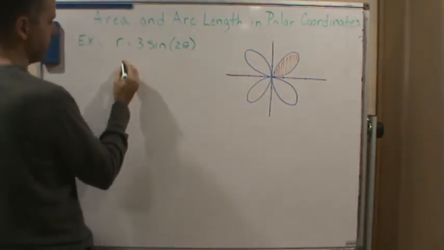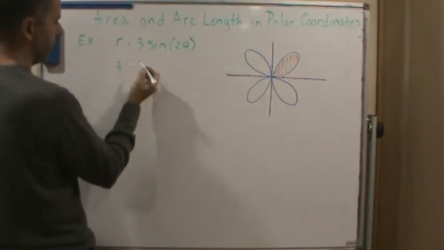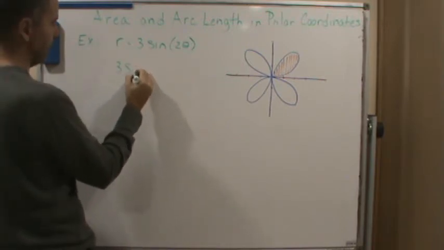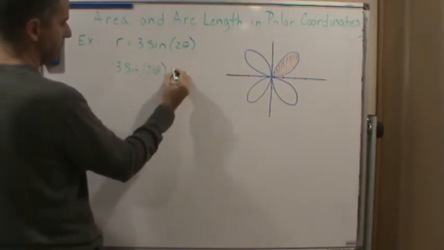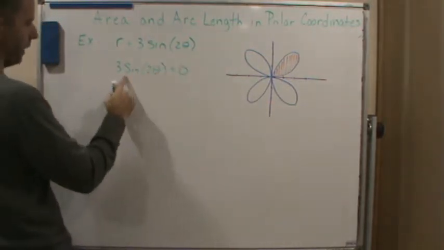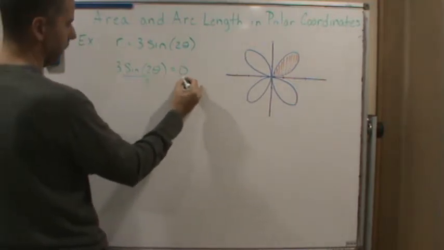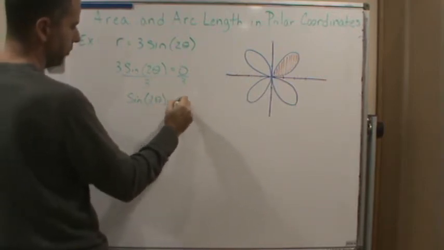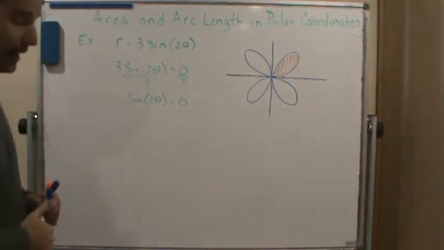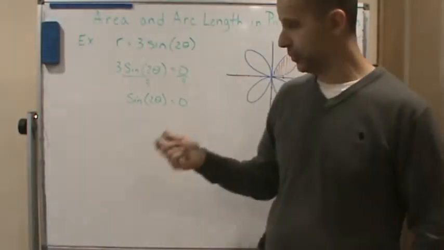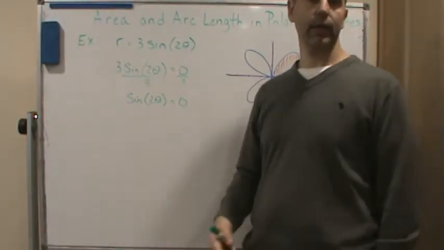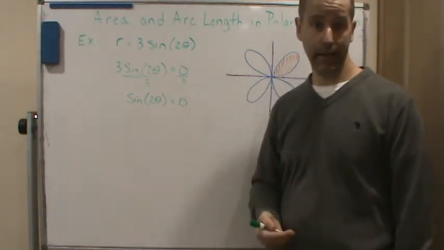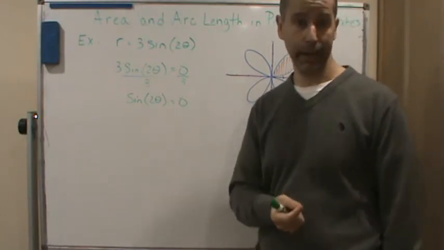We can do that by setting 3 sine 2 theta equal to 0. We can divide both sides by 3, so that just gives us sine 2 theta equals 0. Here's where our knowledge of trig functions comes in. When is sine equal to 0? Sine is equal to 0 for any integer multiple of pi.